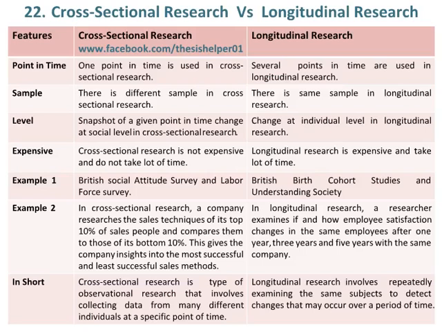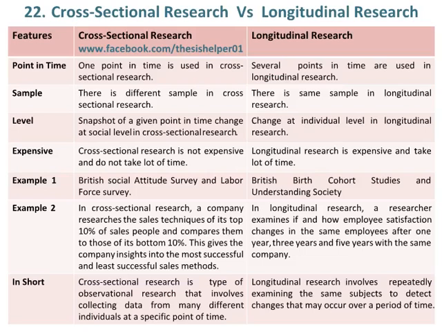Cross-sectional research is not expensive and does not take a lot of time, whereas longitudinal research is expensive and takes a lot of time. The British Social Attitudes Survey and Labour Force Survey are examples of cross-sectional research, whereas the British Birth Cohort Studies and Understanding Society are examples of longitudinal research.